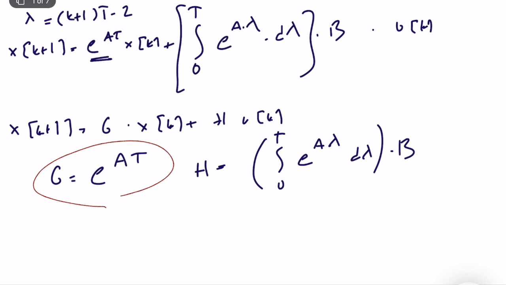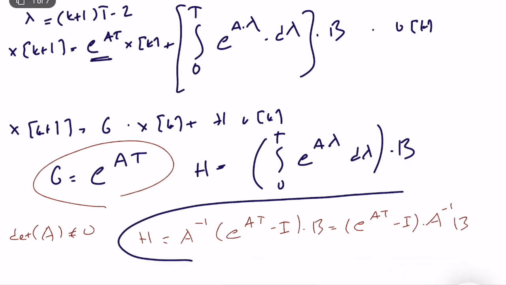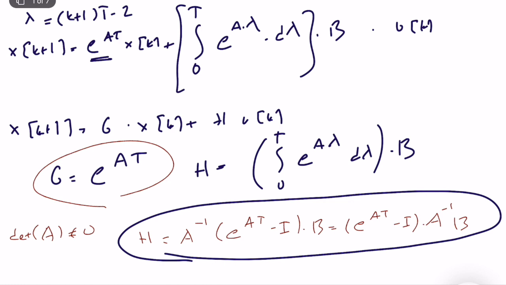When the determinant of A is not equal to 0, when A is invertible, which means that there is no 0 eigenvalue in A, H can be simply written as A to the power minus 1 times (e to the power AT minus I) times B, or equivalently e to the power AT minus I times A inverse times B. If you know A, e to the power AT, and of course the identity matrix, computation of this is super easy, especially if you are using MATLAB or other computational tools.